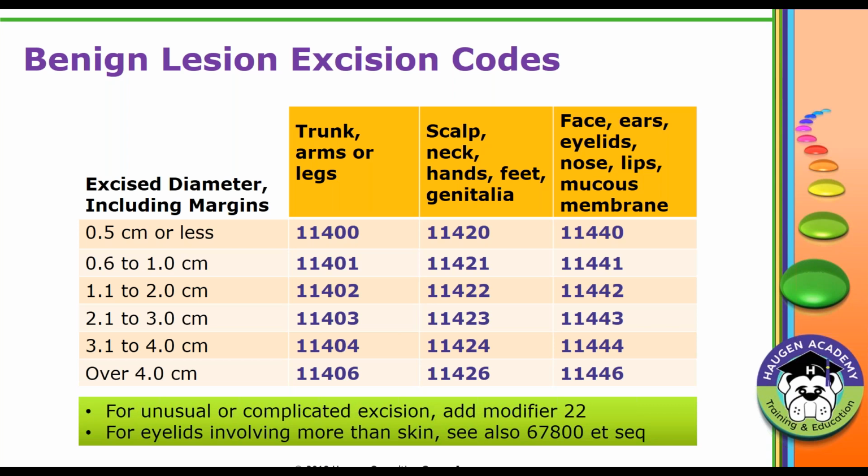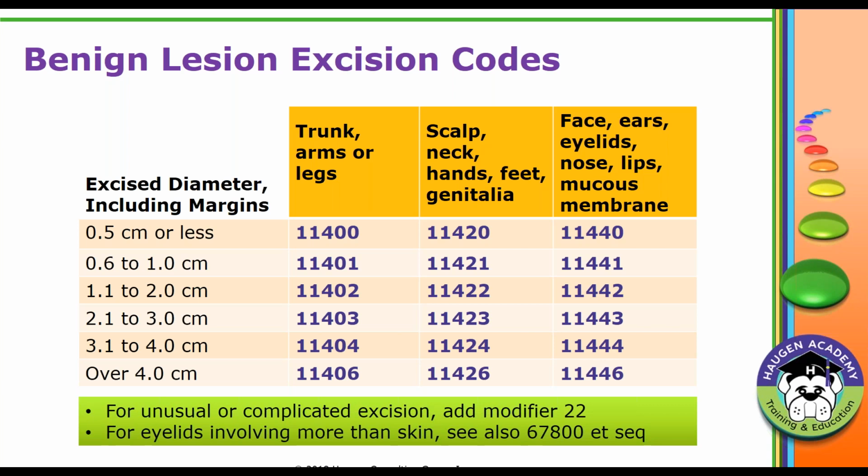And then on the top, they're divided based on the location. So you'll see the different body areas that have been grouped together, and then you can use your table to find the size, and the location will give you your CPT code. If you're coding a lot of these, you might want to keep this table handy for quick reference.